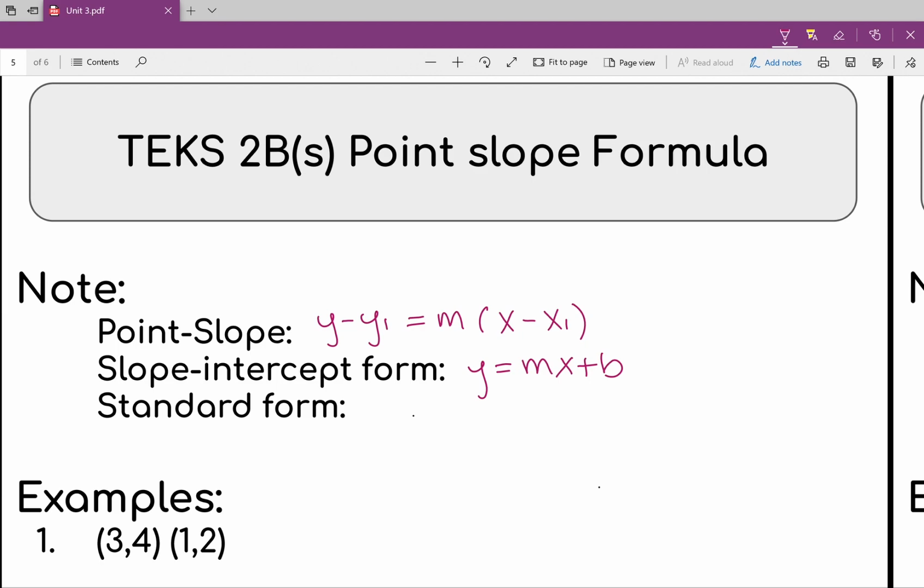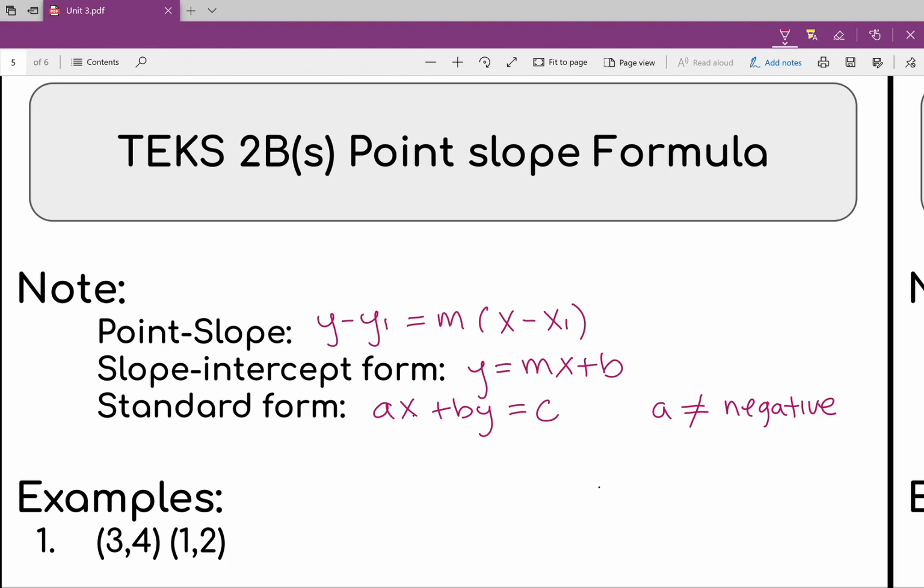And standard form is ax plus by equals c. And something important about standard form is that a can never be a negative number. So a cannot be negative.